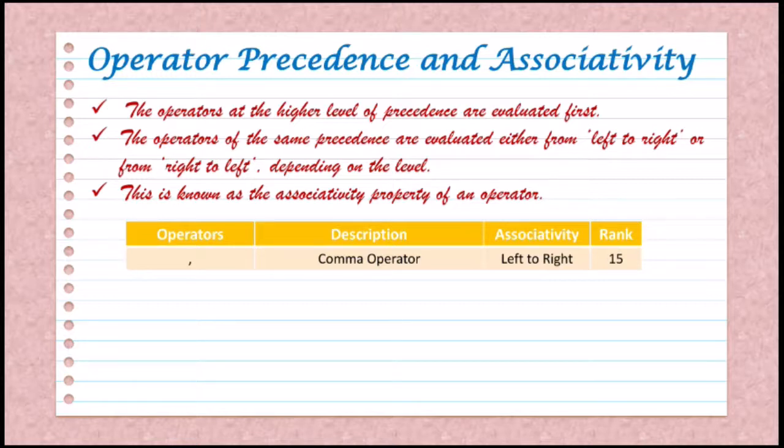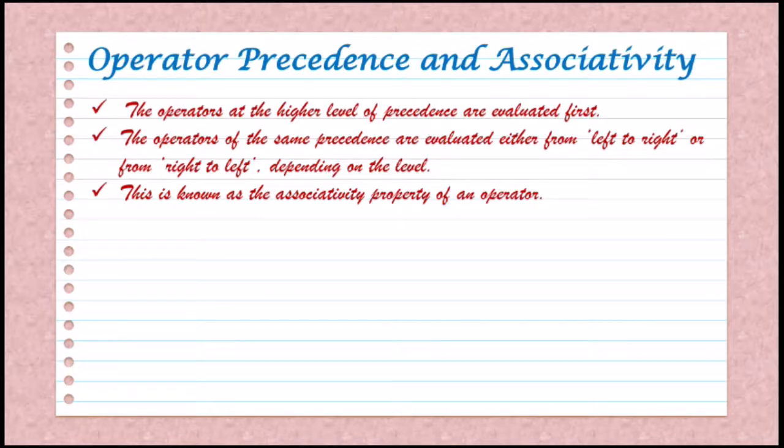As in the given table, the bracket operator, which has first rank, will execute first, and the last operator, that is the comma operator, will execute at the end of the expression. It is very important to note carefully the order of precedence and associativity of operators.